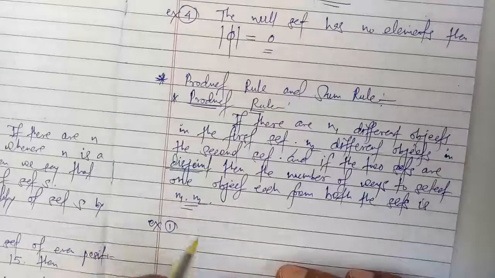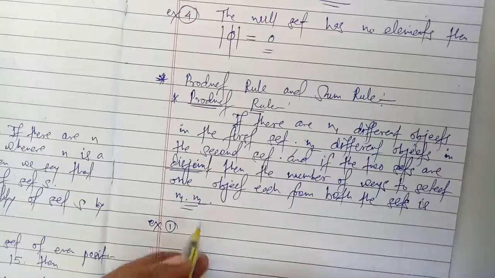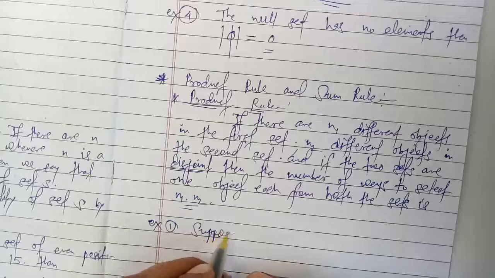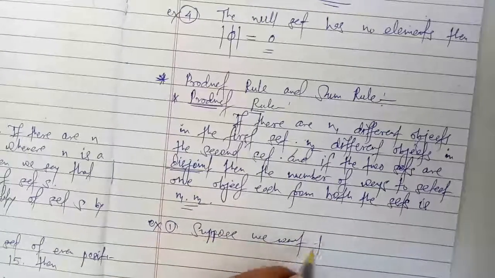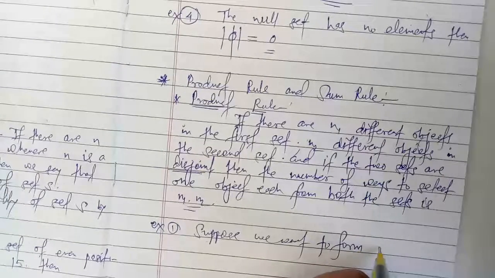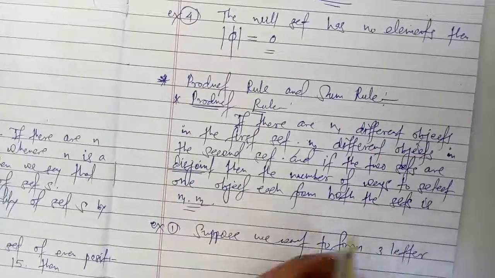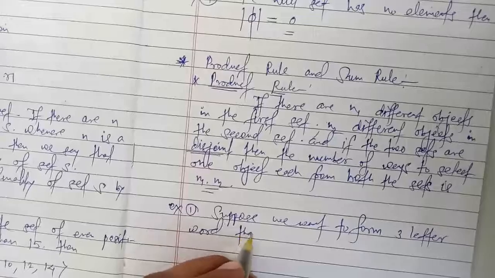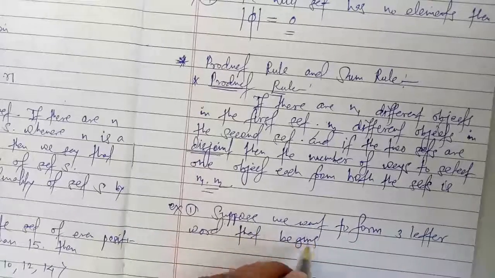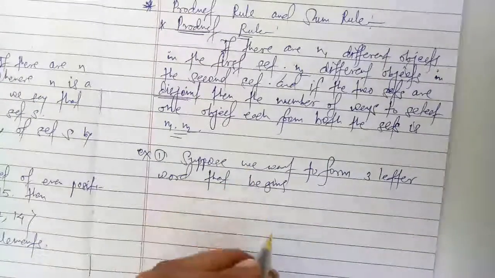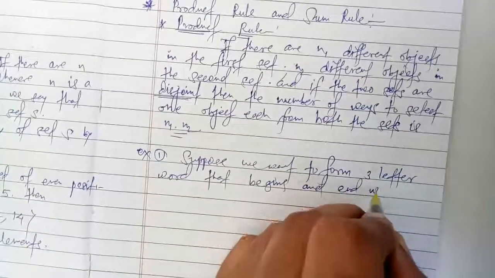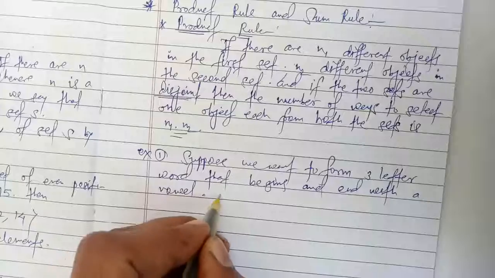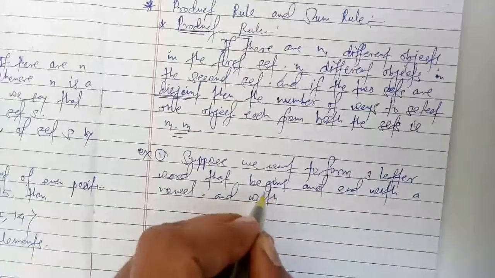Suppose we want to form three-letter words that begin and end with a vowel, and with no repeated letters.